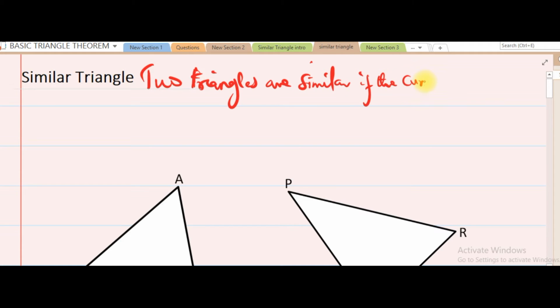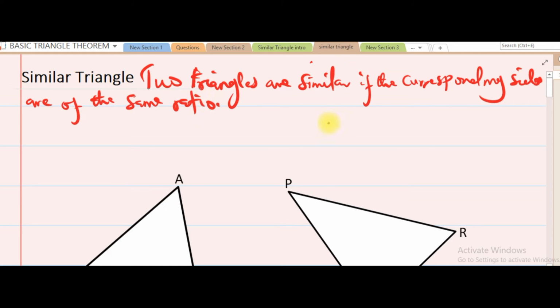And we normally denote similarity with a symbol, which means similar in geometry. So once you see this symbol, it means similar.